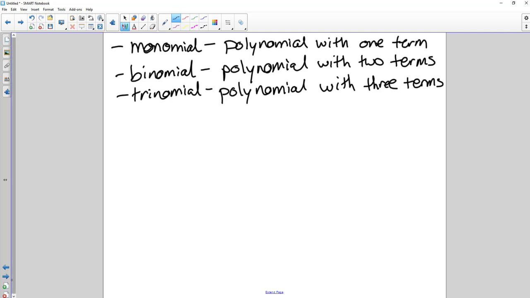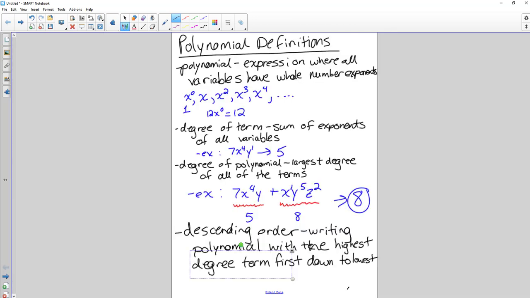So let's go back to the ones we just did and talk about those. That 7x to the fourth y to the 1, the one that was degree 5 when we looked at just the one term, this would be considered a monomial. And then the example we did below that when we talked about degree of the polynomial, just like I had underlined with squiggly, this was one term, next one's another term. There's two terms here, so this would be binomial.